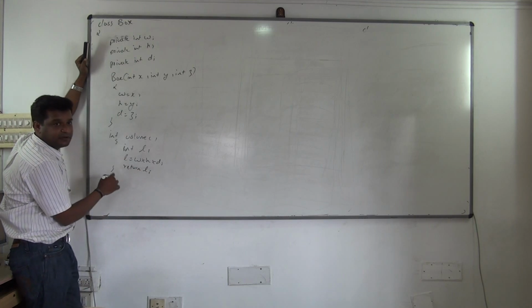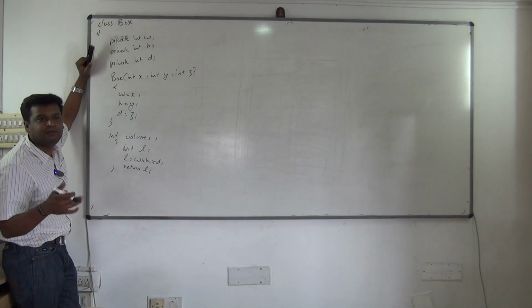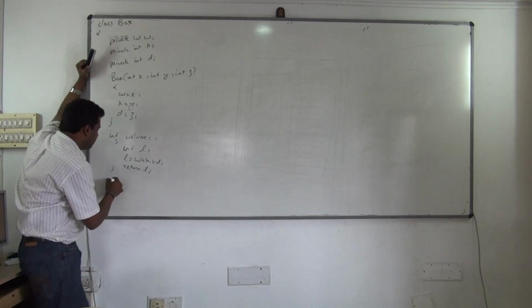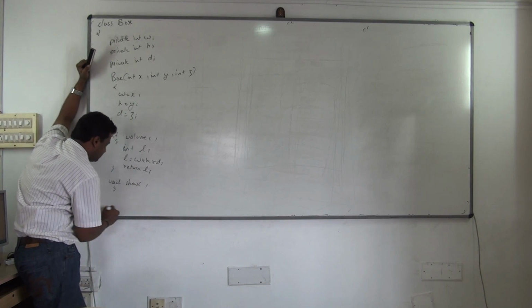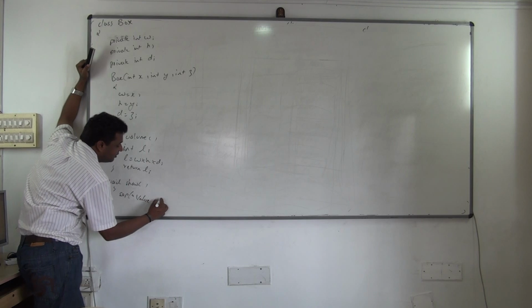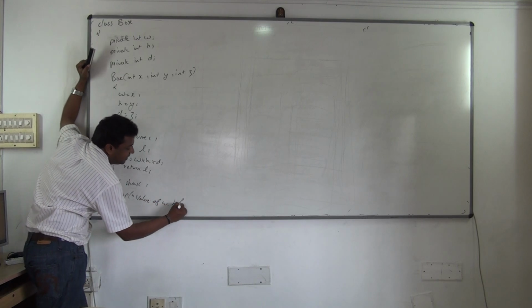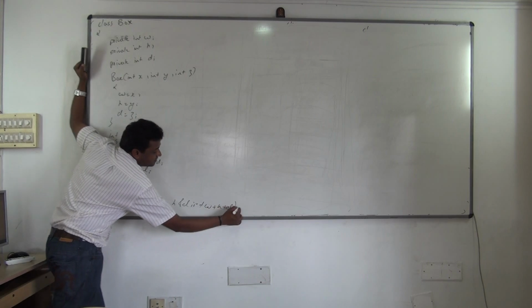I am not making this private. Now see, it is up to me to decide among all these members which one should be private and which one should not be private. Now one more method I will write, void show, which will print all the values of W, H and D, using SOP, value of W plus H plus D.